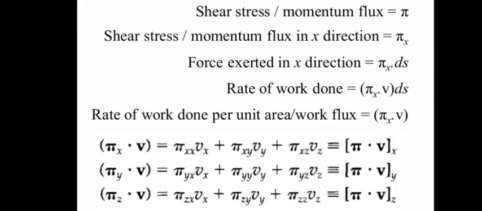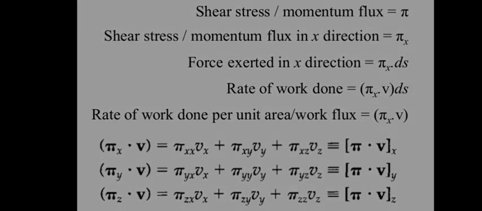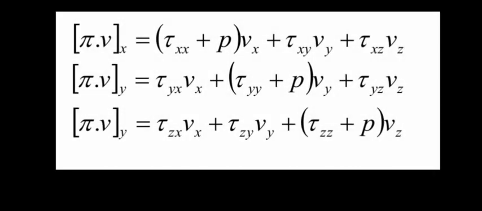Importantly, we expand on the components of this work flux. For a surface perpendicular to x direction, the work done involves not only the x component of velocity, Vx, and the x component of the stress tensor tau xx, but also the y and z components of velocity, Vy, Vz, interacting with the corresponding shear stress components tau yx, tau zx.